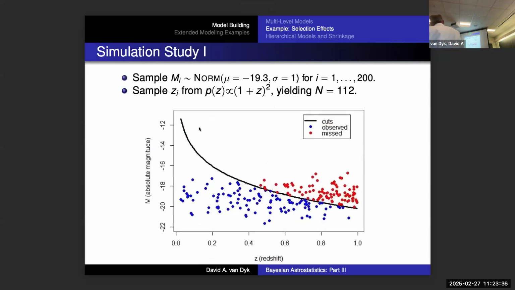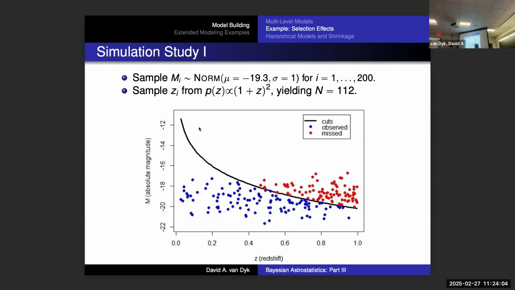So this is a simulated data set. There are the true values of mu and sigma squared for my absolute magnitudes, for a sample size of 200. I'm going to sample Z from some reasonable distribution for each. So I'm going to place my supernovas in the universe with more of them distant and fewer of them nearby via that distribution.